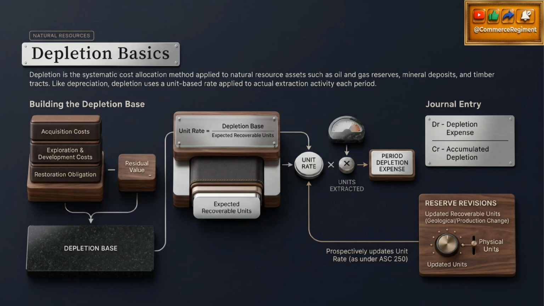The unit rate equals depletion base divided by expected recoverable units. Period expense equals the unit rate times units extracted. The journal entry is debit depletion expense and credit accumulated depletion. If reserve estimates change, the remaining depletion base is allocated prospectively over the revised remaining recoverable units. Prior periods are not restated.